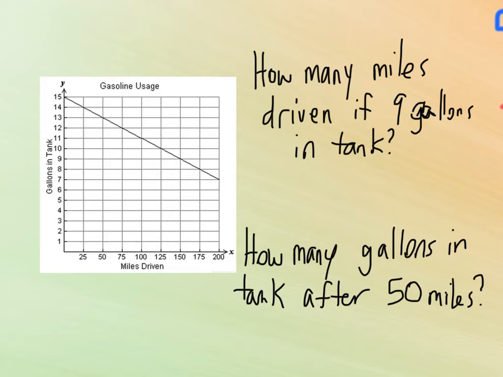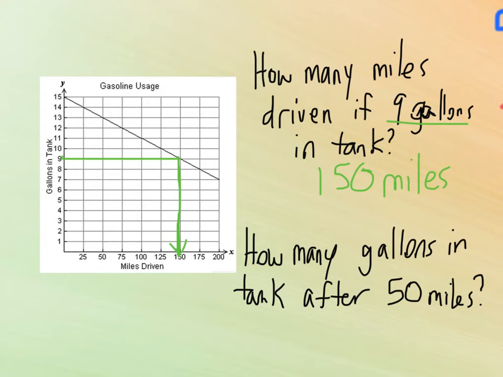The information we're given is 9 gallons, and that's along our y-axis. So I'm going to find 9 gallons, which is right here, and draw a line across until I reach the graph, which is there. Then all we need to do is move down to read how many miles have been driven at that point. And it looks like it's exactly 150. So that one would be 150 miles.